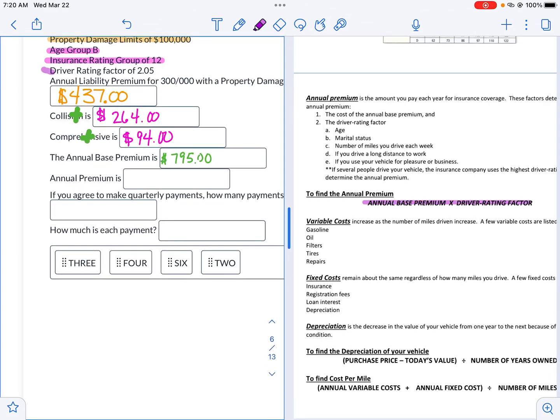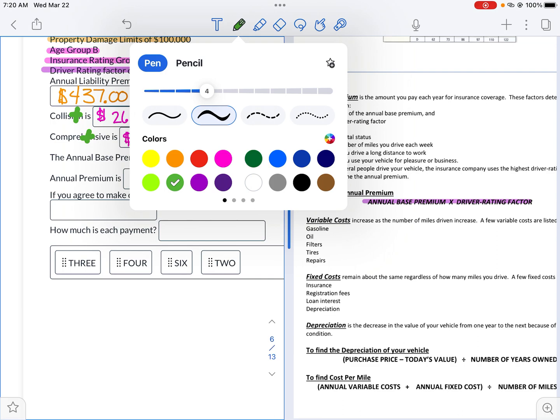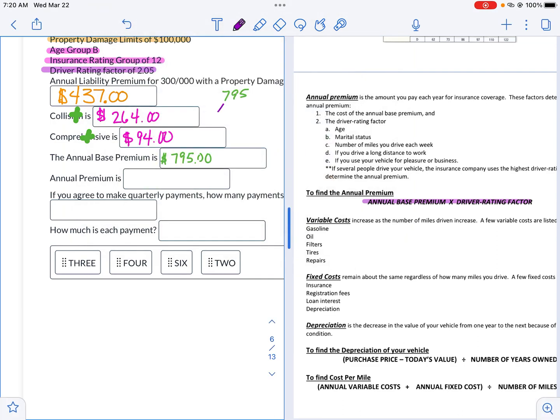And over here is the driver rating factor of 2.05. So we are going to take 795 and multiply it by 2.05, in purple ink.